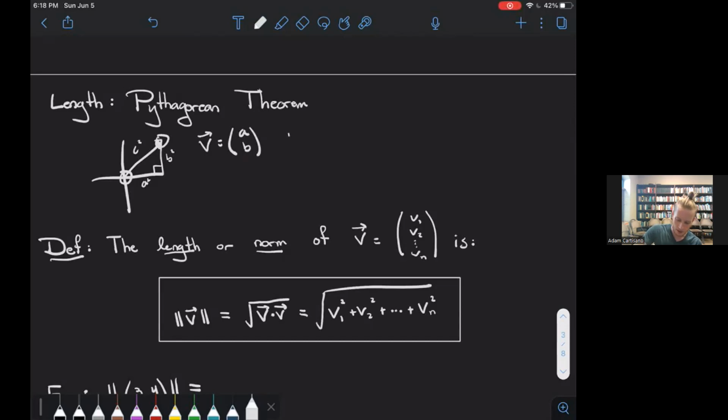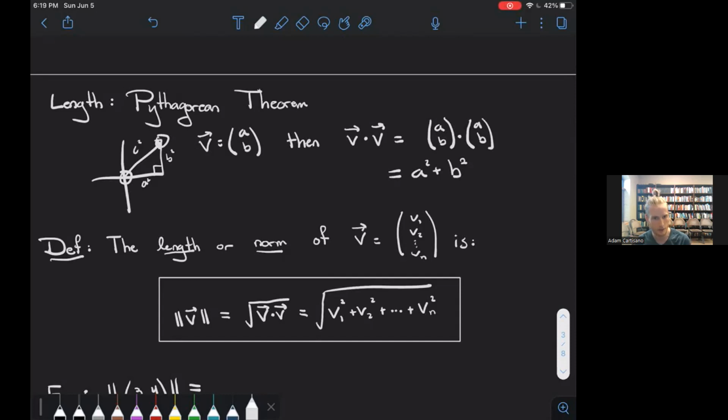Then notice that V dot itself, which is something that we discussed in the previous theorem, is defined as, well, you take the first component, okay, I'll write it out. It's AB dot AB. And then by the definition of the dot product, this is a squared plus b squared.